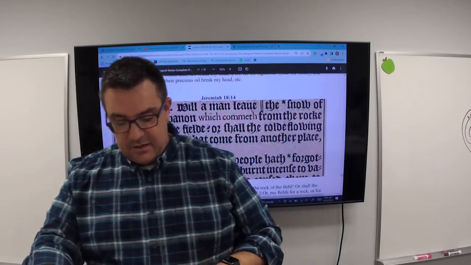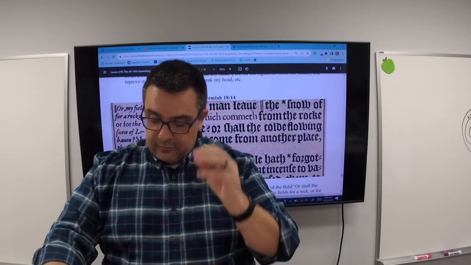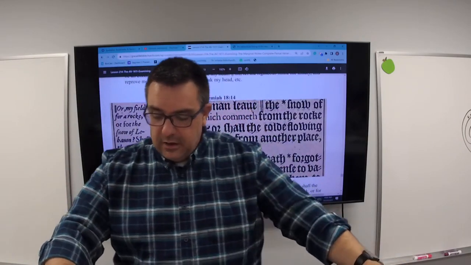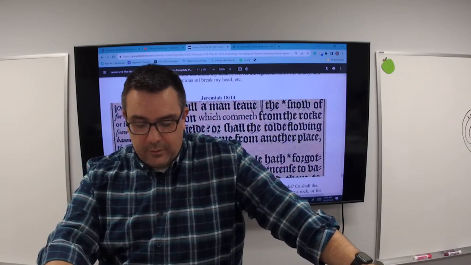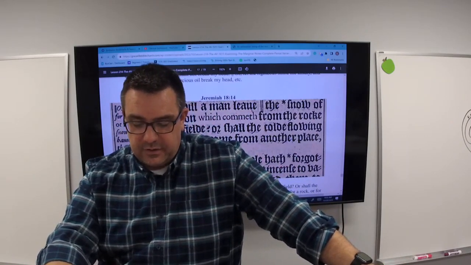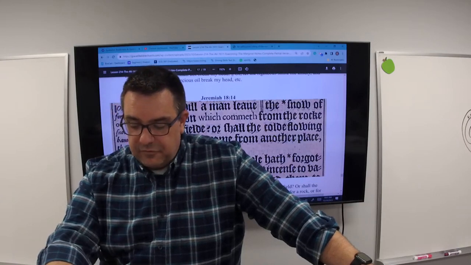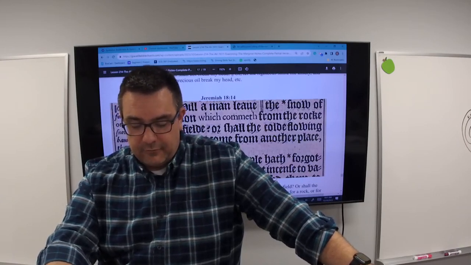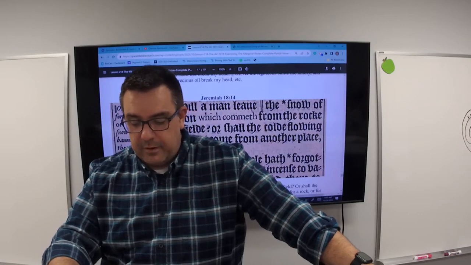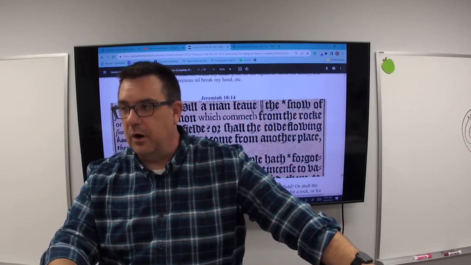The text says, "The snow of Lebanon which cometh from the rock of the field, or shall the cold flowing waters that come from another place be forsaken?" Or in the margin, "My fields for a rock, or a snow of Lebanon, shall the running waters be forsaken for the strange cold waters."